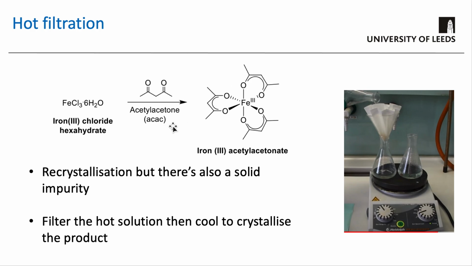So what you have to do is dissolve your compound and the soluble impurities in the hot methanol. Then you need to do a quick filtration with hot glassware with your compound still dissolved to remove the solid insoluble impurities, and then you cool your solution down just like with a regular recrystallization, and that should crystallize your final product at the end.